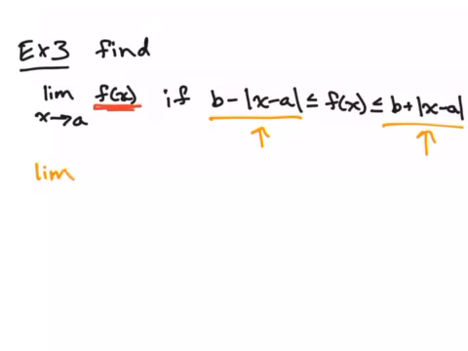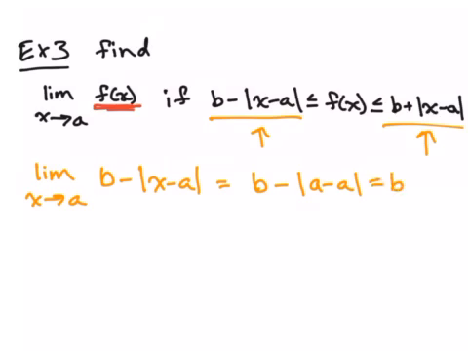So we're going to do the limit as x approaches a of b minus the absolute value of x minus a. We just do a direct substitution. We get b minus the absolute value of a minus a. Well, that's just 0, right? So we get b.